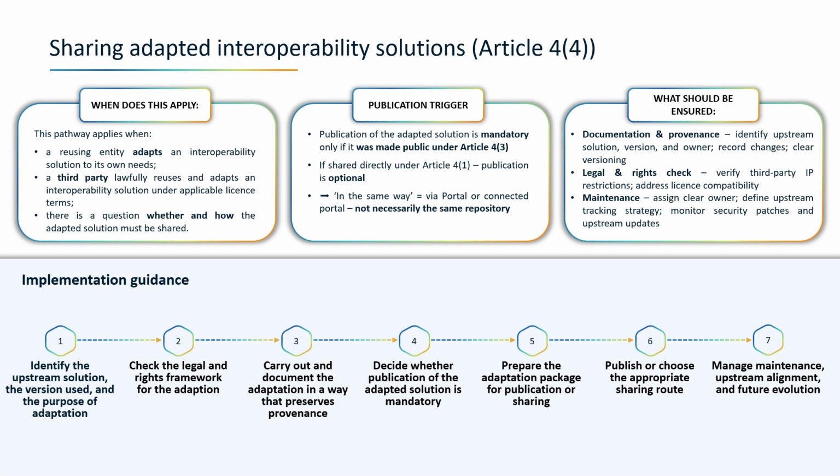There are 7 steps to follow for the implementation of this pathway. So first of all, identify the upstream solution, then check the legal framework, carry out and document the adaptation, decide whether publication is mandatory, prepare the package, publish or share, and finally manage maintenance and future evolution.